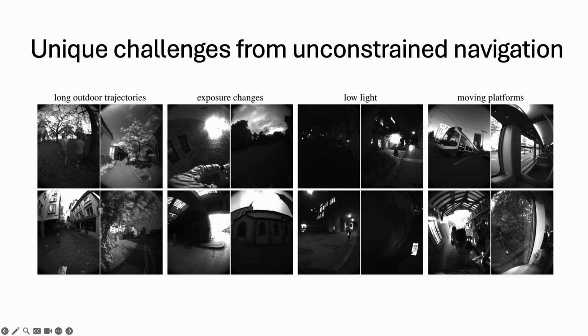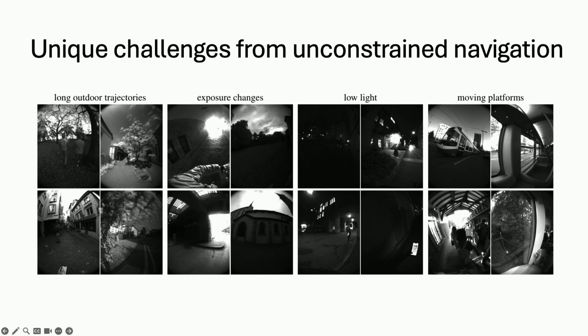And from unconstrained navigation of the egocentric recordings, there are also a lot of unique challenges. First of all, there are a lot of long outdoor trajectories, which pose all these challenges to the data. Secondly, when people go from indoor to outdoor, the transition often poses large exposure changes, which can make tracking very difficult.